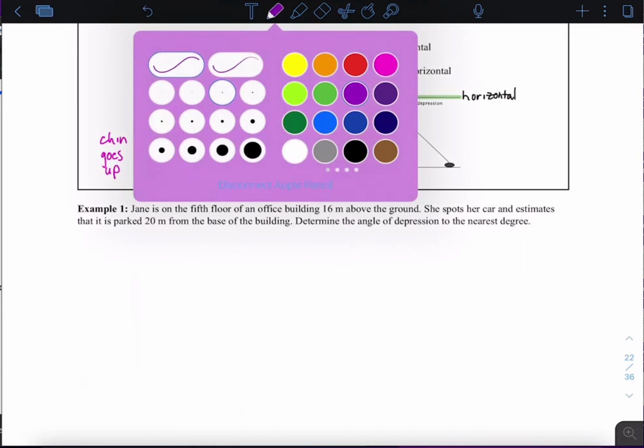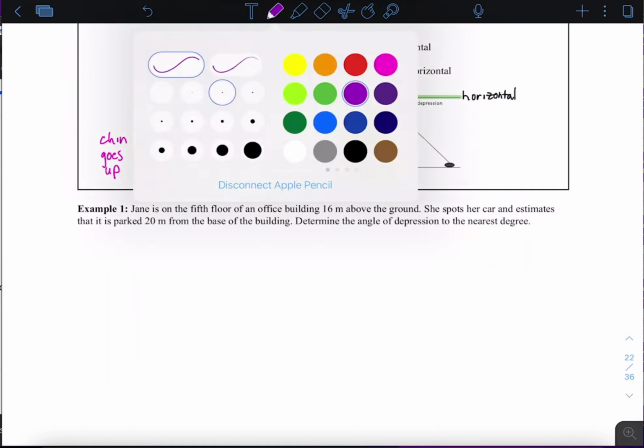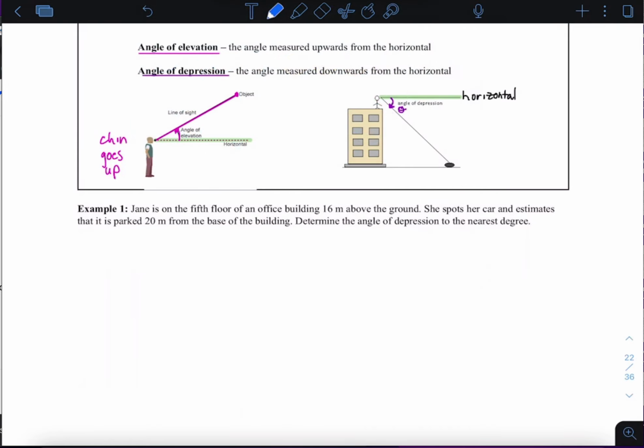Again, your angle is measured from the horizontal, but it's downwards, okay? So your angle of depression is this one here. Now, the reason this one is a little bit tricky is because sometimes guys want to put the angle of depression right here, and that's not true.